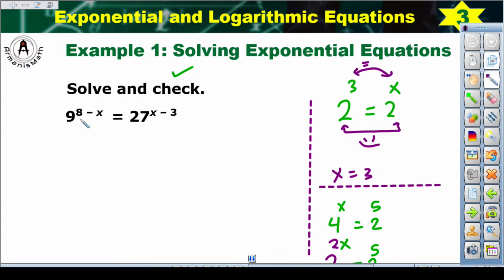So let's talk about this one here. I've got 9 raised to the 8 minus x and 27 raised to the x minus 3. Can somebody tell me what you think a common base I could introduce here might be?